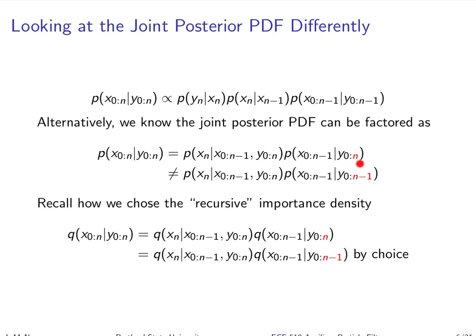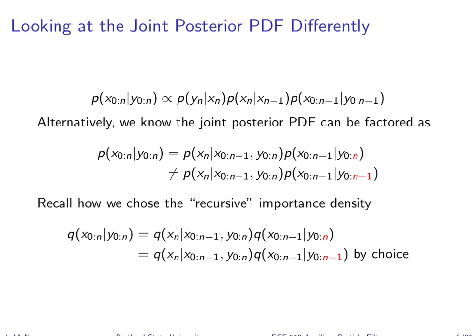So when you factor it out this way, it's different than what we had before. And this is kind of a difficult thing to work with because we're looking at the probability of the state trajectory only up to time n minus 1, but now there's a future value of the measurement involved. And so the measurement is one step ahead of the last element of the state trajectory.